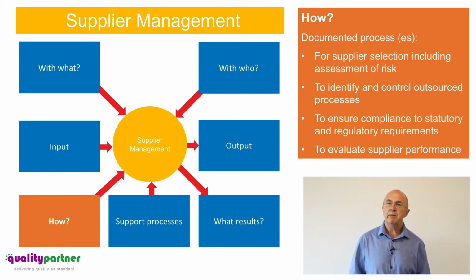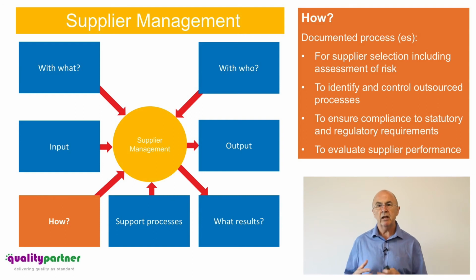So first of all, we have to have documented processes for how we go about selecting a new supplier, including assessment of risk. So some of you may already be familiar with VDA 6.3. Within VDA 6.3 there is a system called potential analysis, and we could use this for selecting a new supplier.